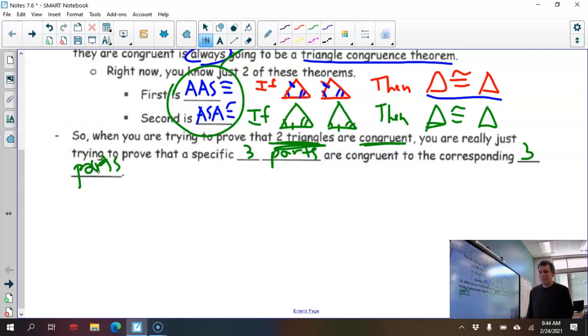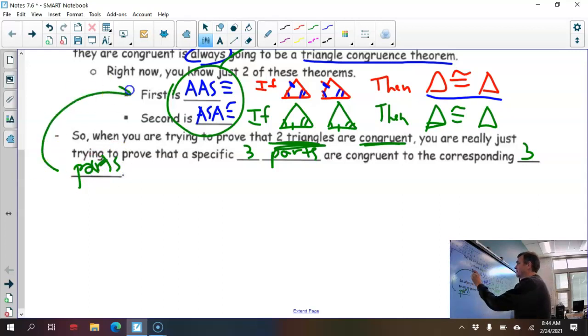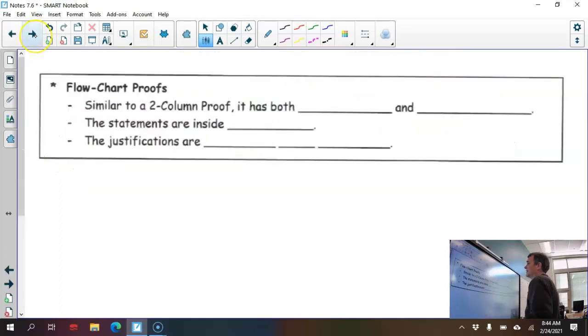Now, it can't be any three parts. It's got to be these three parts. But if you could get three parts congruent to three parts, then you could say, therefore, the triangles must be congruent. All right, let me talk about a flowchart proof, and we will get started doing three proofs, and we'll be done.